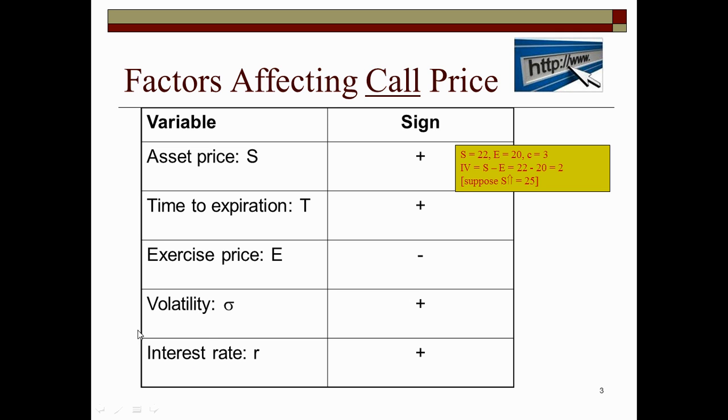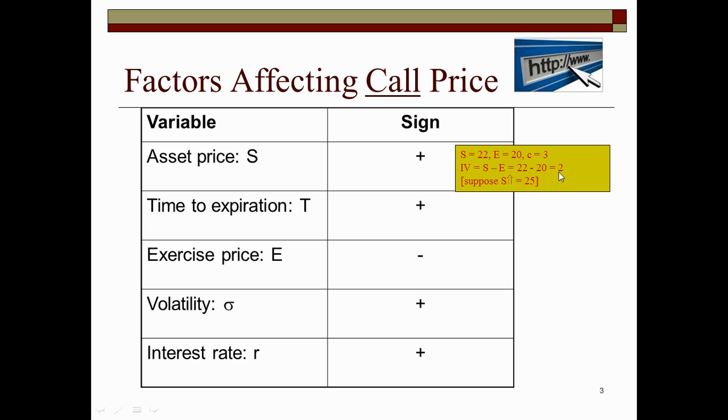The third variable here, exercise price, obviously is going to have a negative impact on the value of a call, because as you see here, as the exercise price rises, the intrinsic value of the option would go down. So if this exercise price were to go up to, let's say, from 20 to 25, then the intrinsic value, which would be 22 minus 25, would be 0.